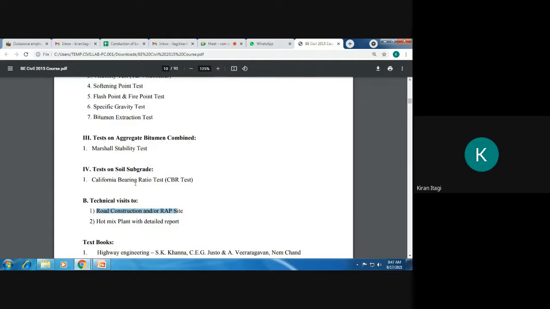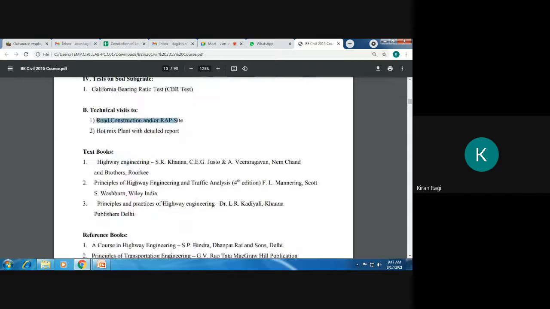So we have seen the theoretical and also the practical. If you ask which book is good to refer, I refer Khanna and Justo. If you are really interested in transportation engineering, or your future goal is to go into road construction projects, then you have to study Khanna and Justo because it is a very good book, and Khanna and Justo is also called the father of transportation engineering in India.